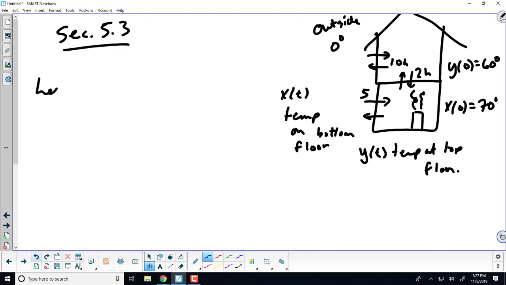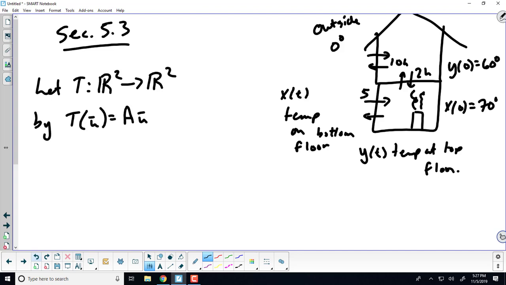So let T be a mapping from R2 to R2 by T of U equal to A of U, which is equal to the matrix 3, 0, 2, 0 times U1, U2. So we've got a linear transformation.